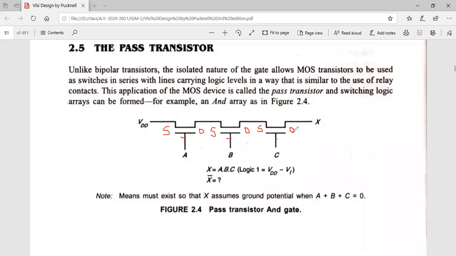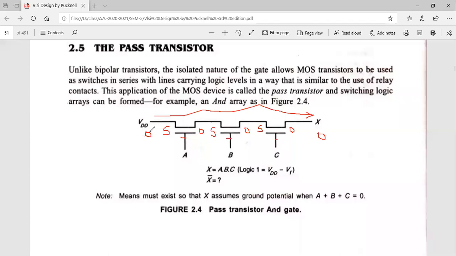What's the concept of this AND array? If I give a value at the starting position, 0, that value has to appear at the output. How is it possible? It is possible only when the value present here is transmitted to x.